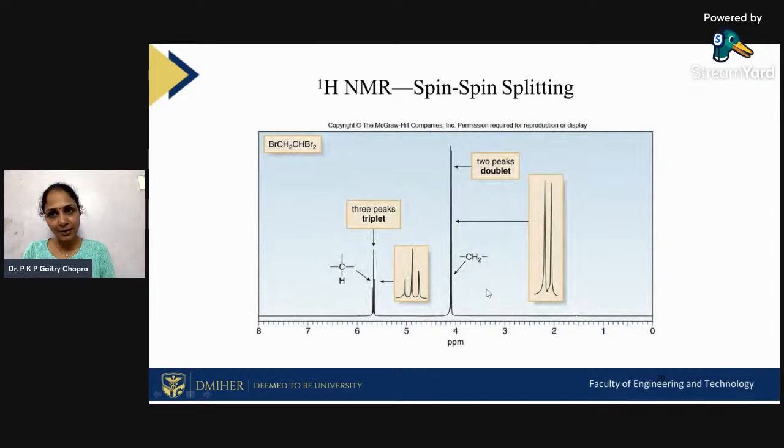It is not a single singlet or a single peak that we are getting. It is split into two, that is a doublet, because of the presence of the neighboring CH nucleus. So this is the spin-spin splitting. This is because of the neighboring nuclei which interact with the nucleus we are considering for the NMR spectra.